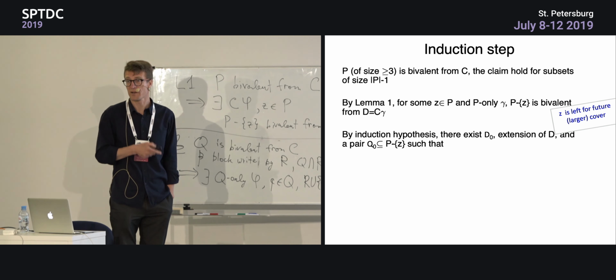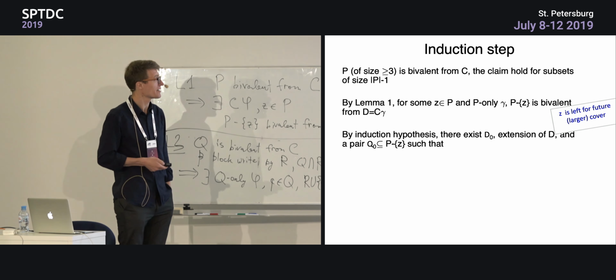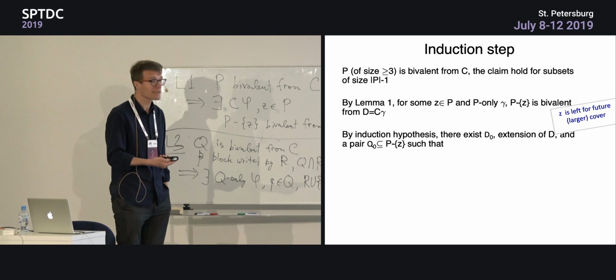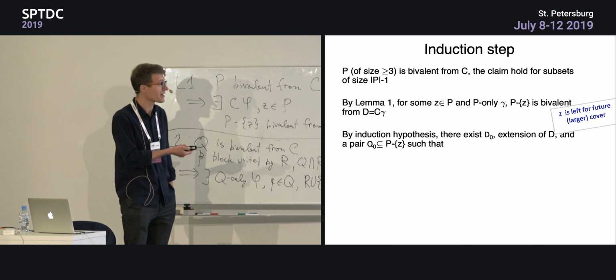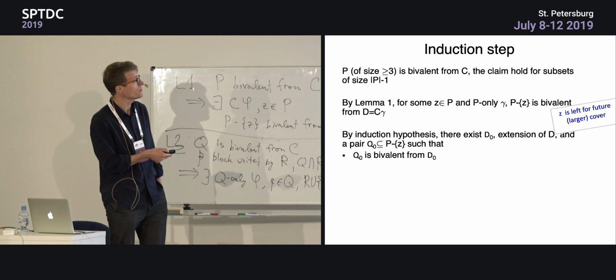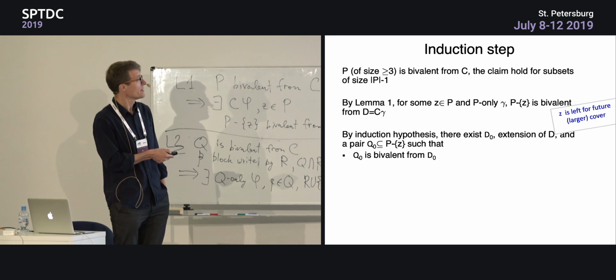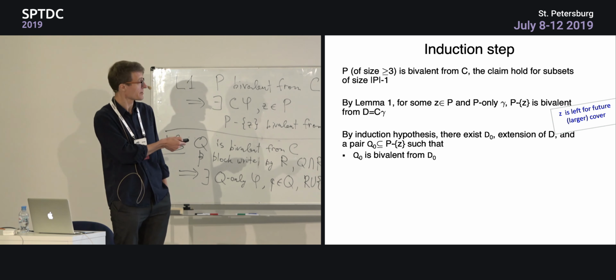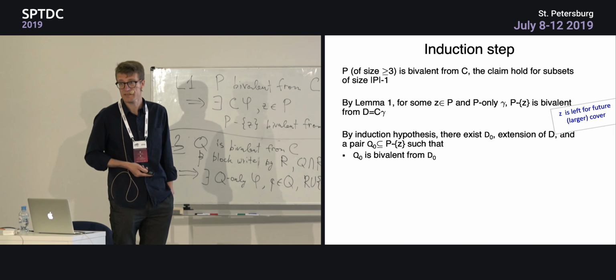Now I use the induction hypothesis, because now I have strictly fewer processes, cardinality of phi minus 1. And I know that I can extend it using the induction hypothesis to some configuration D0, which is an extension of D. And I can find a pair of processes Q0, which is a subset of this. You know that P is of size 3 or more, so such a pair exists.